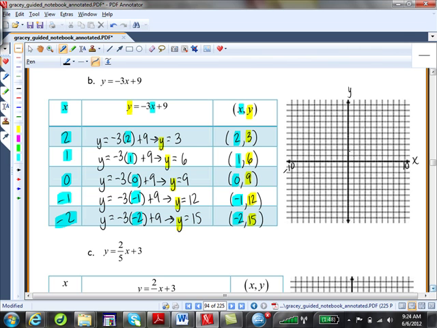So if I did that, I'd have 2, 4, that'd be 8, that'd be 12, 16, and the top one would be 20. And then same for the bottom, negative 2, negative 4, negative 8, negative 12, negative 16, and negative 20.